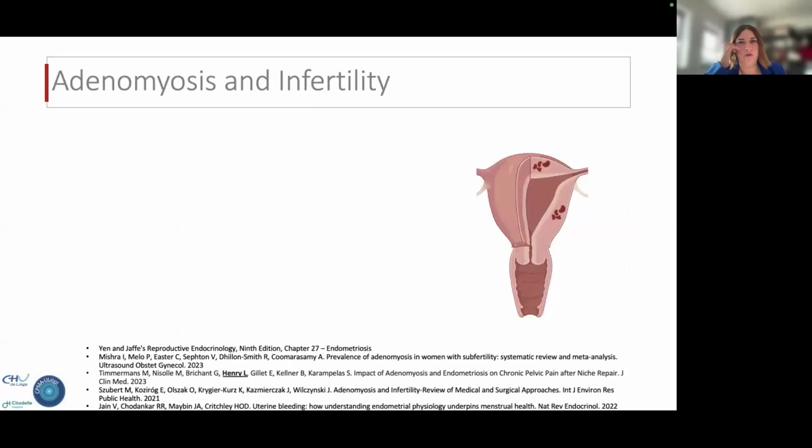And now we can move on to adenomyosis, a condition where endometrial tissue is found within the myometrium, surrounded by hypertrophic muscle cells. While it shares similarity with endometriosis, adenomyosis is more common in women who have given birth and may result from repeated damage to the endometrial-myometrial junction due to pregnancy or heavy menstruation.